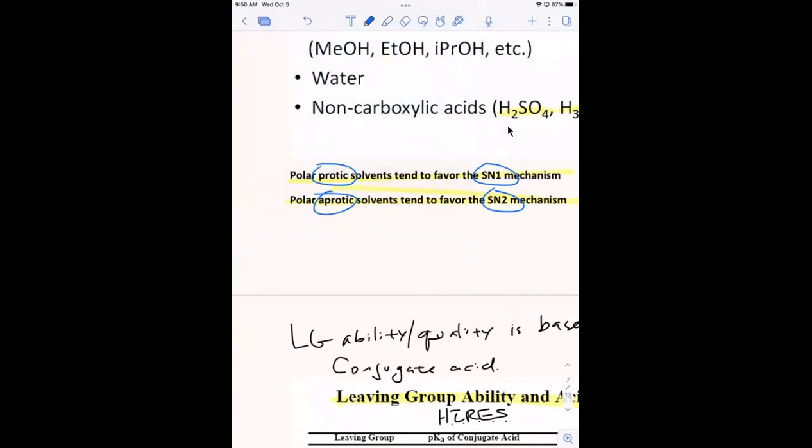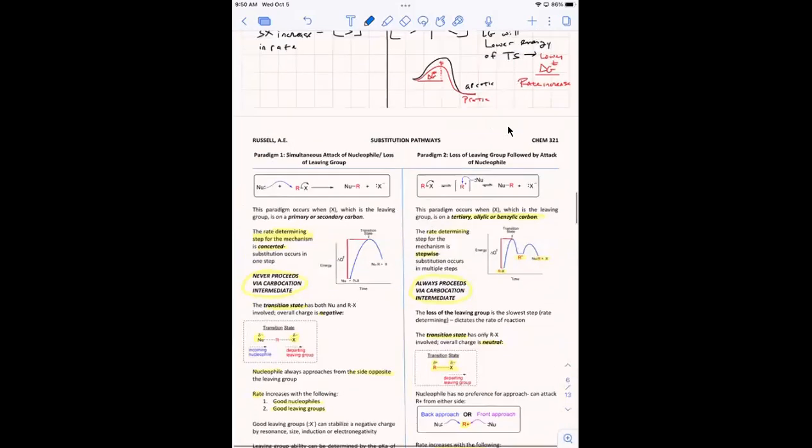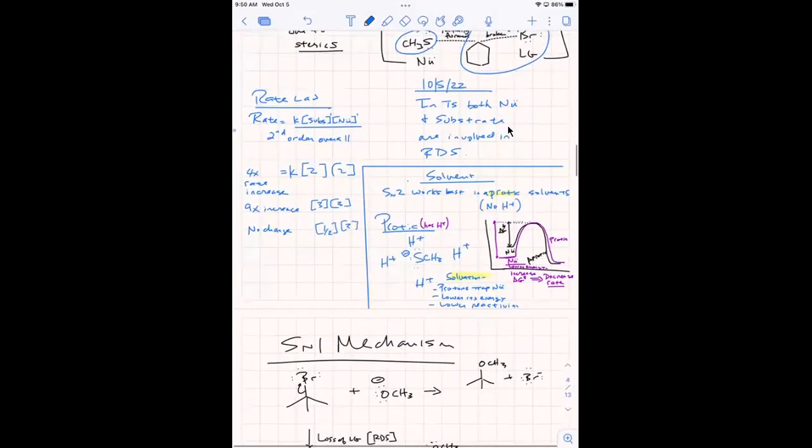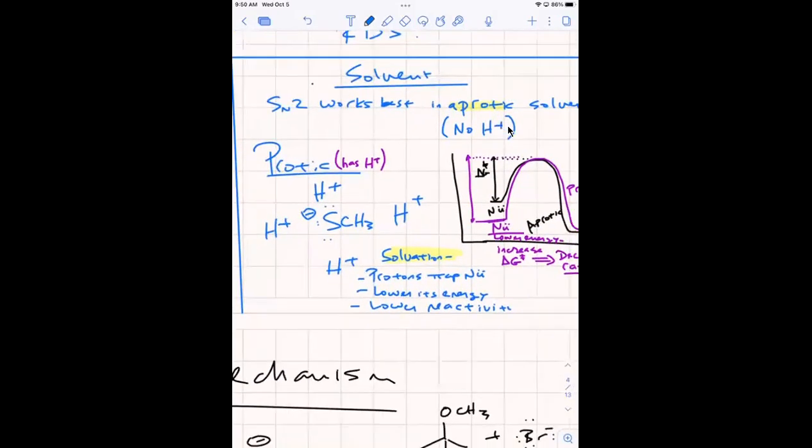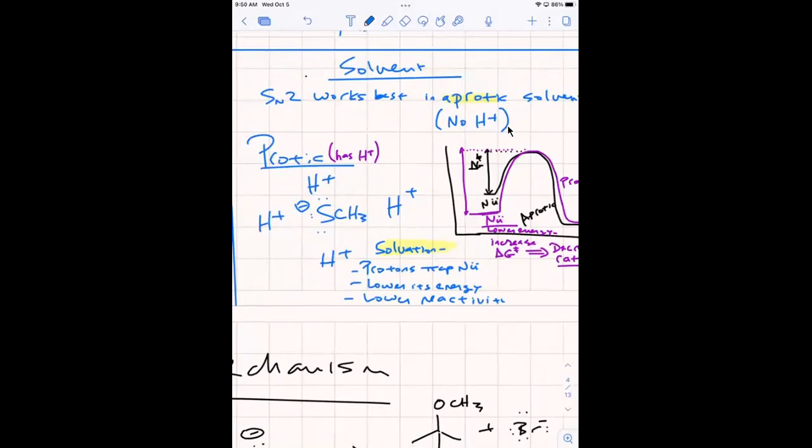Is that where you explain that it would come in from a certain direction? No, that's different. That's talking about the actual substitution, like the rate determining step. But this is dealing with the fact that if you do the SN2 in a protic solvent, it's going to slow it down. Remember, we talked about that up here. For SN2, if you use a protic solvent, it's going to solvate your nucleophile and slow the reaction down.